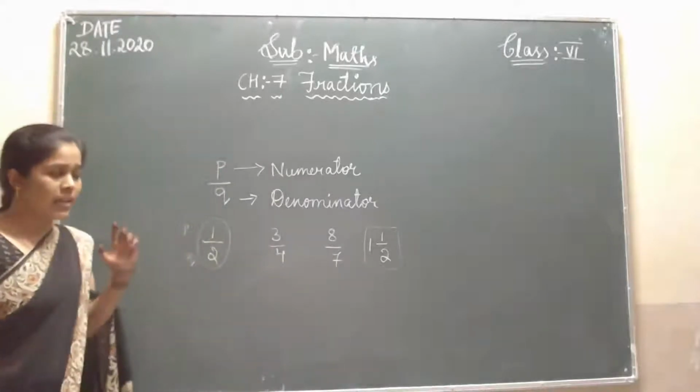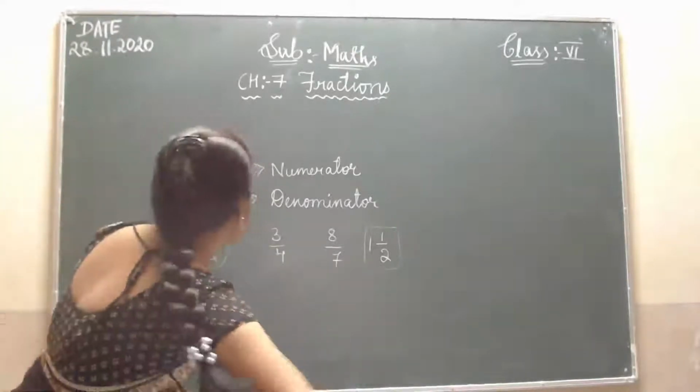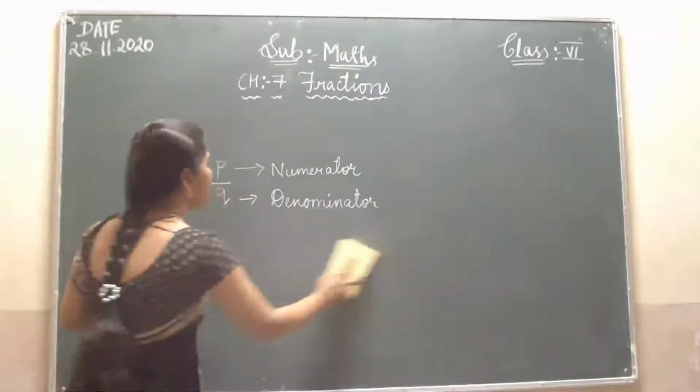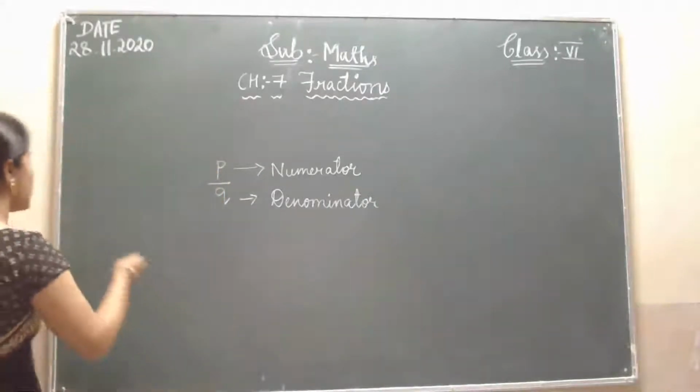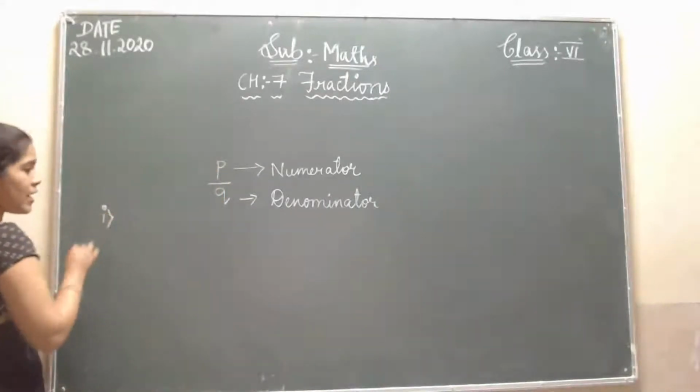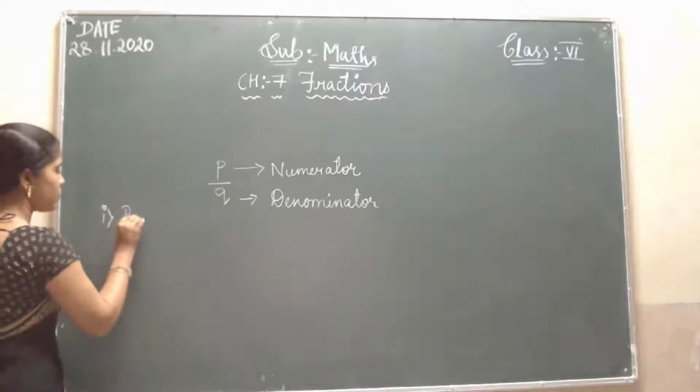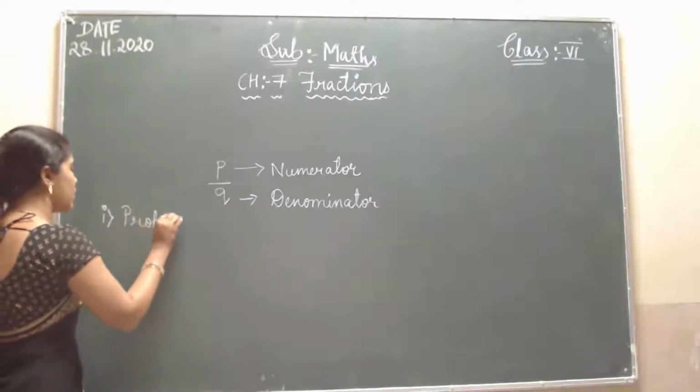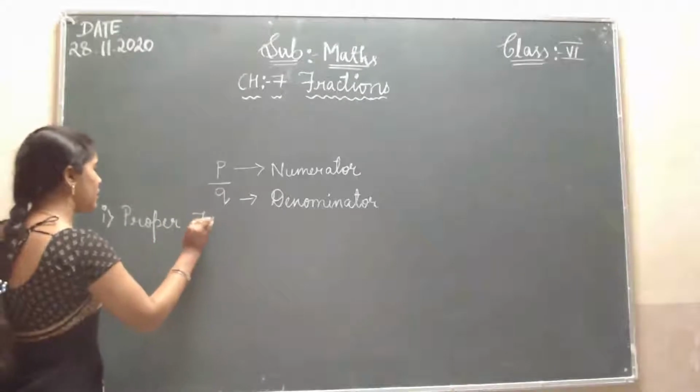There are three types of fractions. The first one is proper fraction, the second is improper fraction, and the third one is mixed fraction.